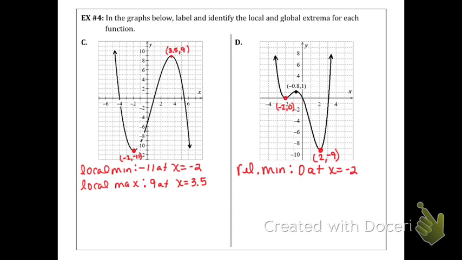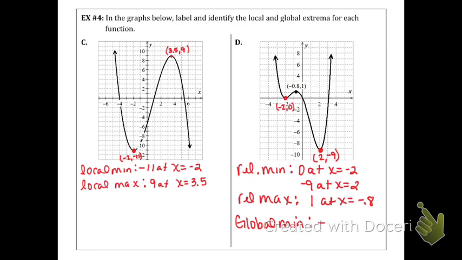I have another one of -9, and that's at x equals +2. I have a relative or local maximum of 1 at x equals -0.8. My graph keeps going up, so there is no absolute or global maximum, but my graph does not keep going down. So I have an absolute or a global minimum at that very lowest point, which is -9, and that's at x equals 2.